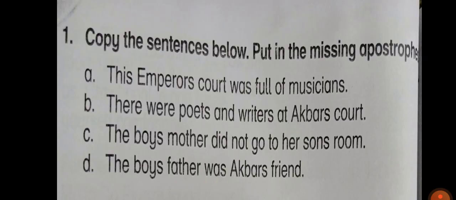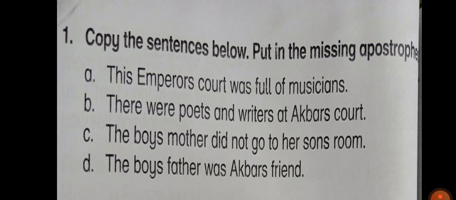Then have a look at the last sentence. The boy's father was Akbar's friend. The boy's father, we are talking about the father of the boy, was Akbar's friend, and then we are talking about the friend of Akbar. So in both of these cases they are telling us the relationship or the belongingness of the persons.